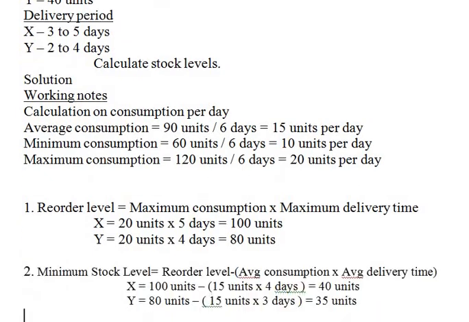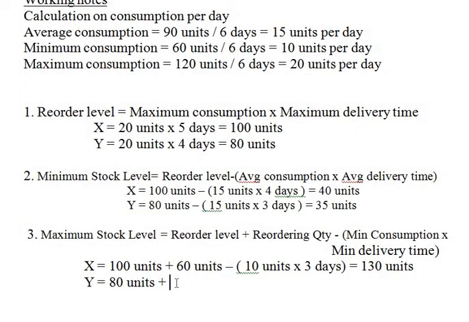For Y it is 40 units, minus, in bracket, minimum consumption, which is the same, 10 units, into minimum delivery time. Minimum delivery time for Y is how much? 2 days. Complete the bracket, calculate this, that is 100 units.